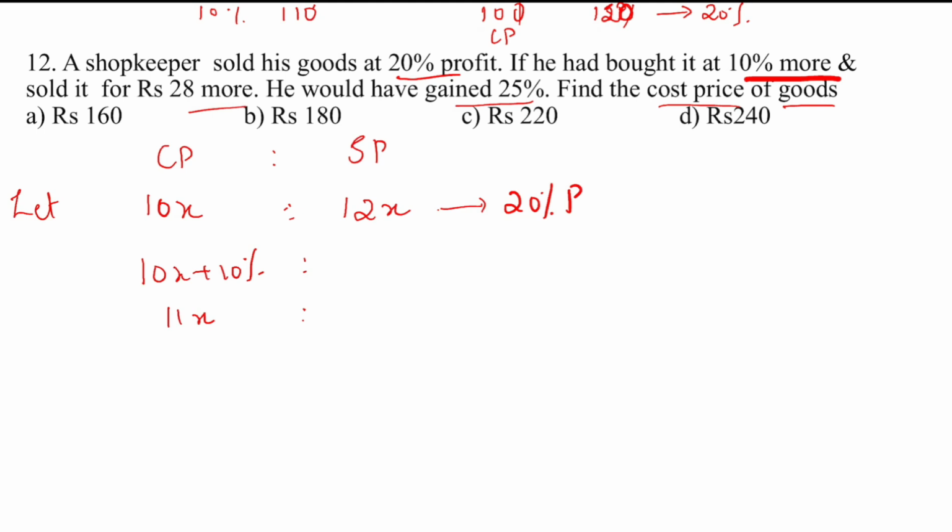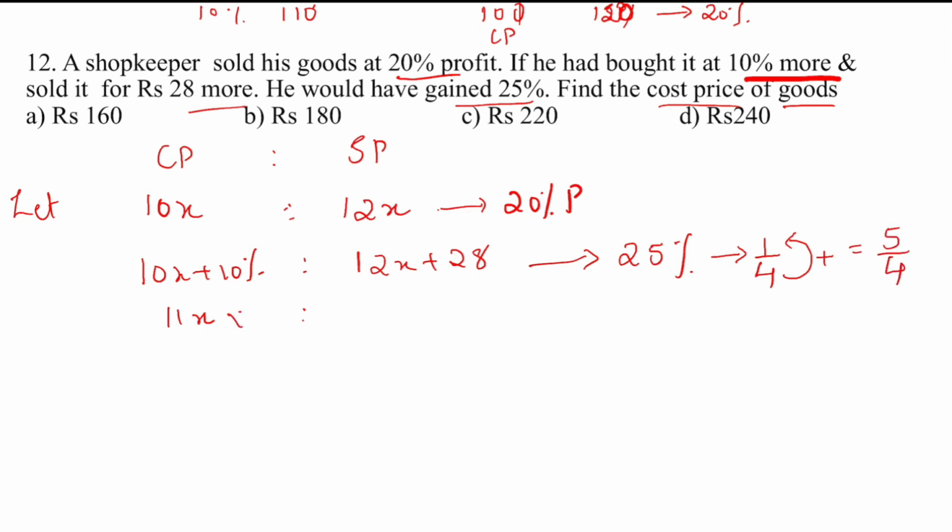And if he had sold for 28 rupees more, that means 12x plus 28. Then he would have made 25% profit, isn't it? So 25% is nothing but 1 by 4. So in 4 parts, 1 part profit, means 4 plus 1 is 5 by 4. So multiply this 5 by 4 with the cost price, and it will give you the selling price.